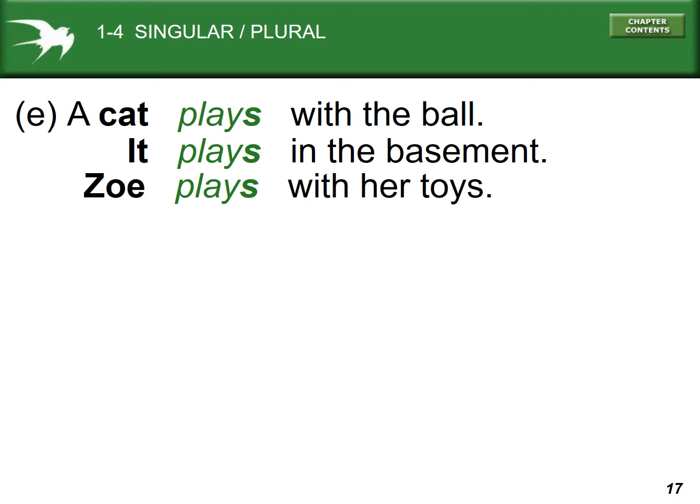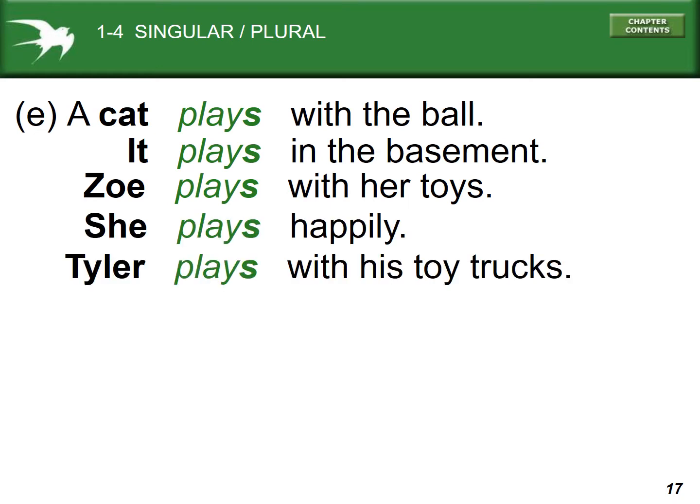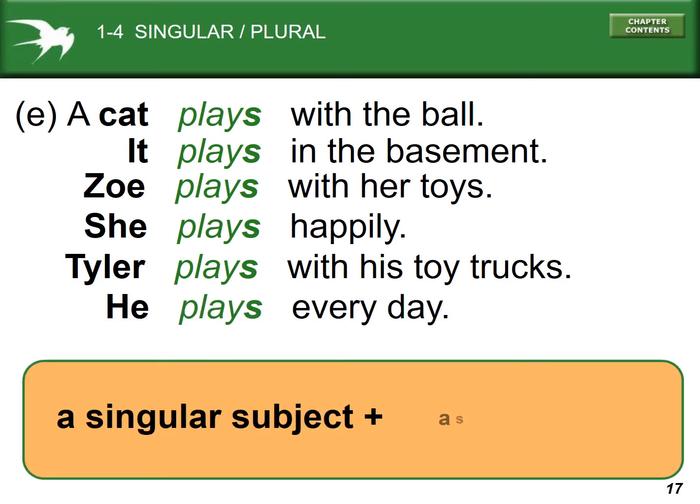Zoe plays with her toys. She plays happily. Tyler plays with his toy trucks. He plays every single day. A singular subject, third person singular, that is he, she, or it, because Zoe is a she, Tyler is a he, a cat is a he or a she or an it. So it's a singular verb, and the singular verb in the simple present will take the S.